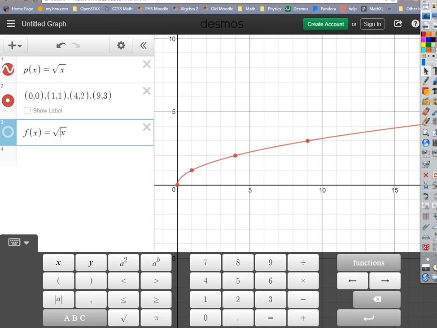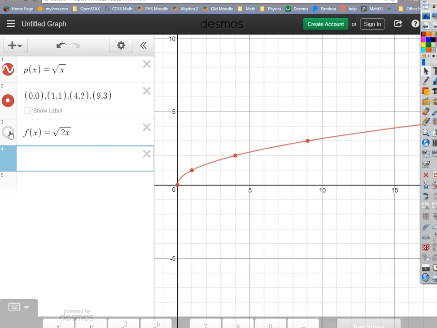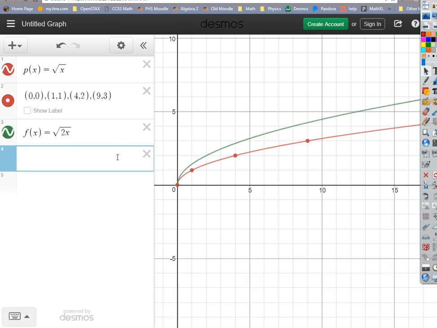Okay, let's multiply the input by 2. Okay, and let's see what that looks like. What did it do? It doubled the x value. Okay, it did something weird. Vertically, it looked like it stretched the function, didn't it?